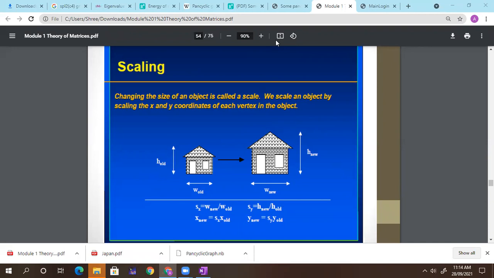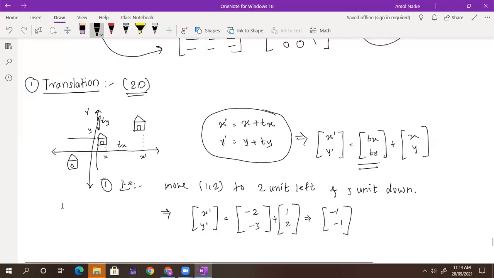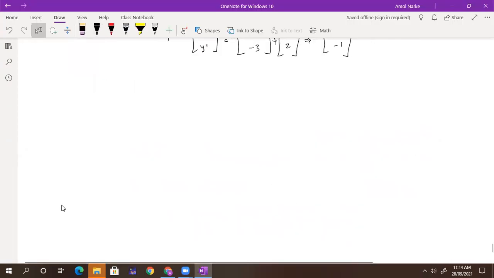Suppose my width is 7. Let's try to solve the same example here, so you will understand. Initially I have my width equal to 7 centimeter, and I want to change that 7 centimeter. Here I call it the scaling ratio.